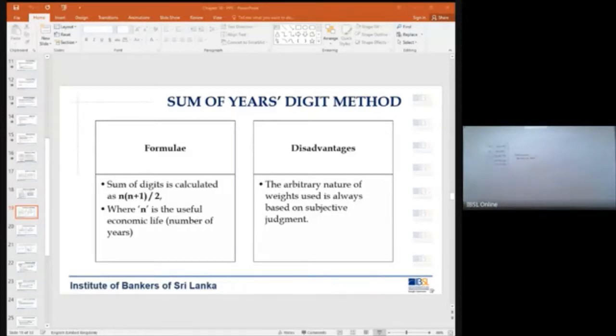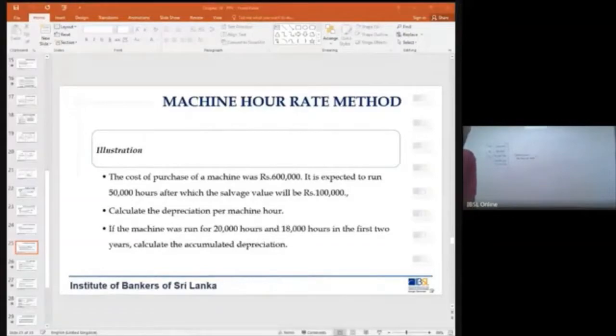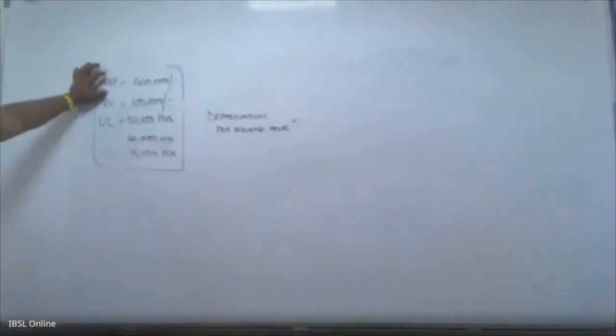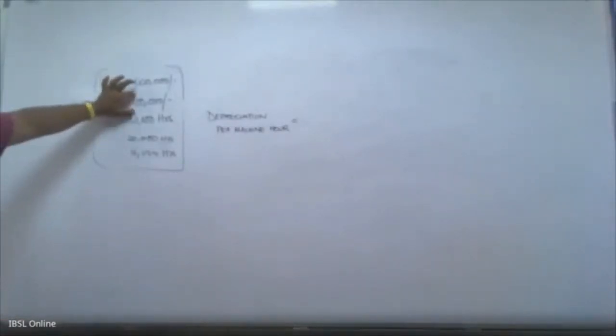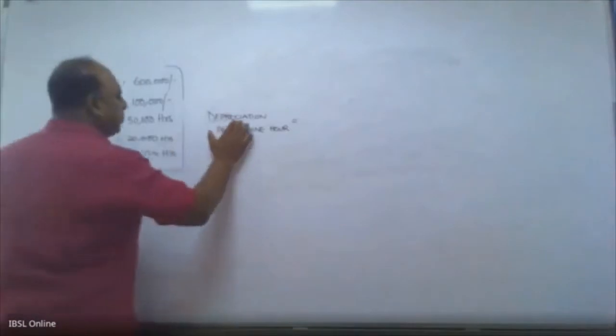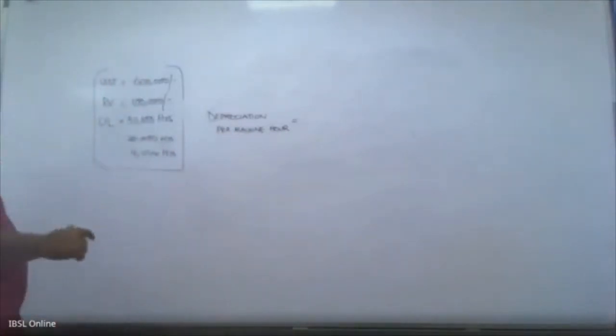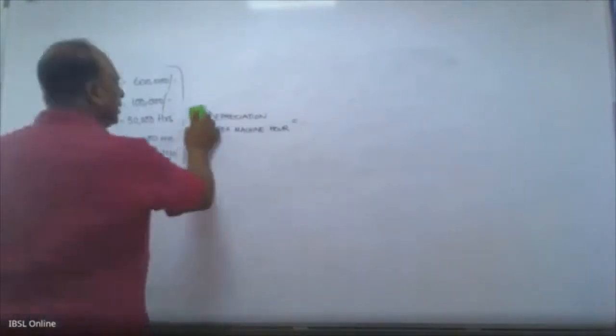Why? Because we are going by the useful life of machine hours. So what we have here is a machine which is costing 600,000, a residual value of 100,000, and its useful life is 50,000 hours. So they want us to calculate two things. One is the depreciation per machine hour, and then if this machine run for 20,000 hours and 18,000 hours, what will be the depreciation for the respective years?